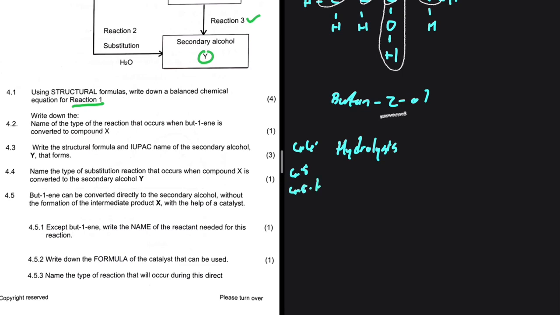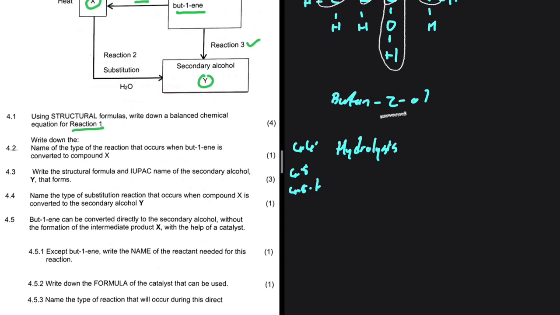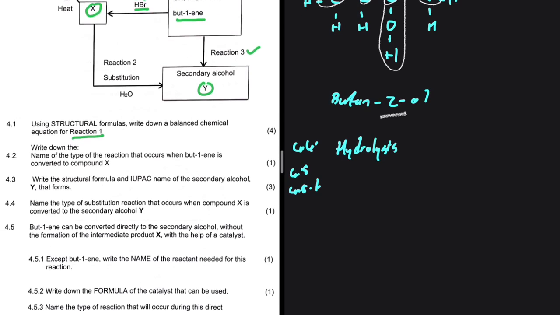4.5, 4.5.1. But-1-ene can be converted directly to the secondary alcohol without the formation of the intermediate product X with the help of a catalyst. 4.5.1. Except but-1-ene, write the name of the reactant needed for this reaction. Well, a reaction that takes us from but-1-ene to the secondary alcohol is an addition reaction.